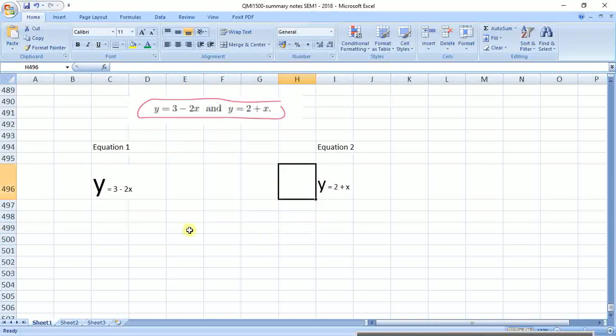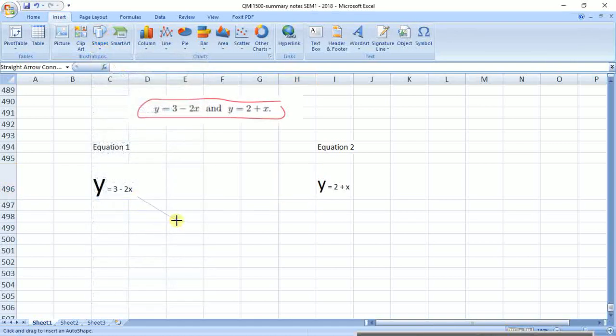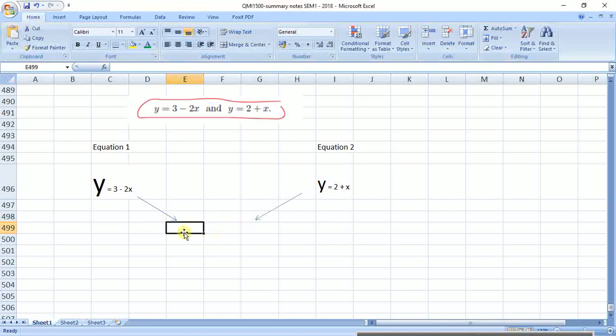Yes. So you can say that 3 minus 2x is the same as 2 plus x. Does that make sense? Yes. Awesome.